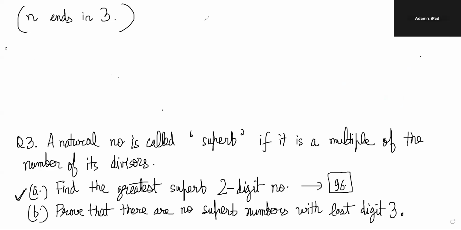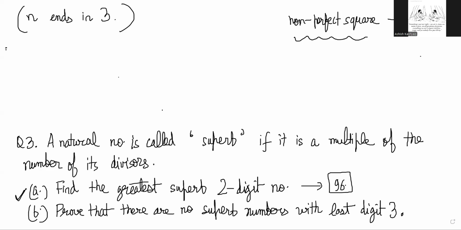But wait, then why does it have to be a square? Tell me. Because any number that's not a square, every divisor will have a complementary divisor, which means the number of divisors will be divisible by 2.